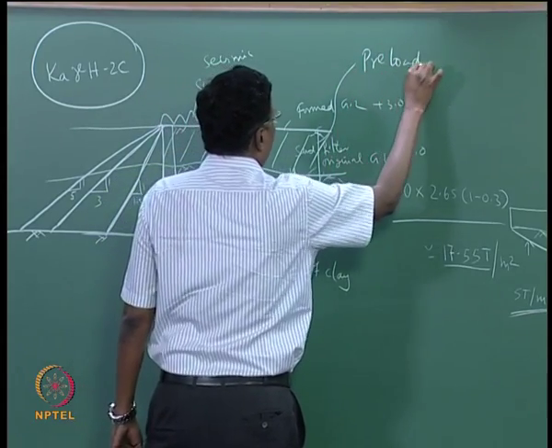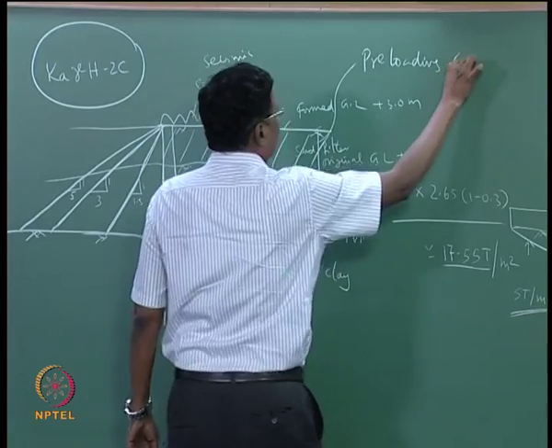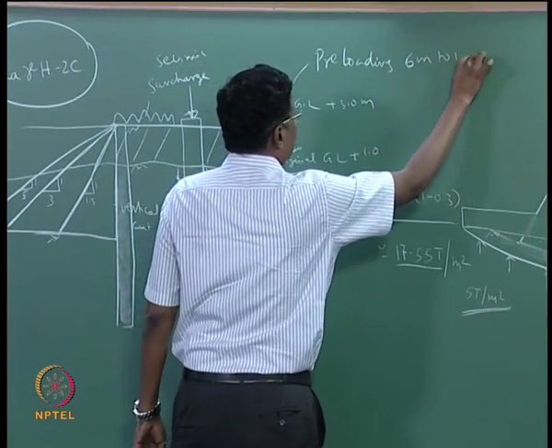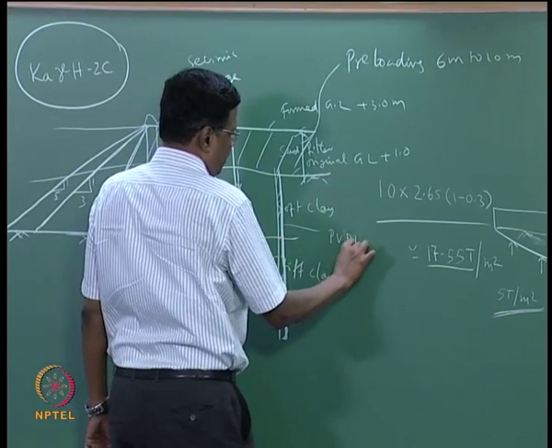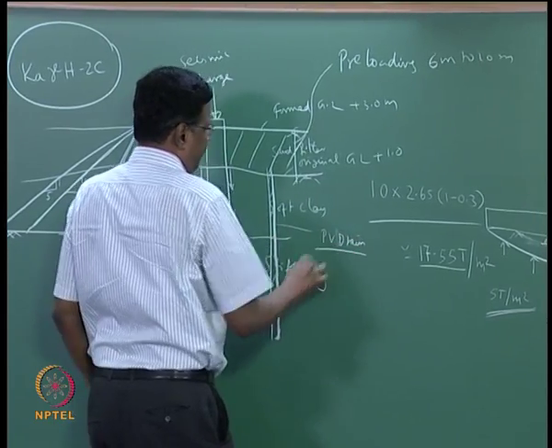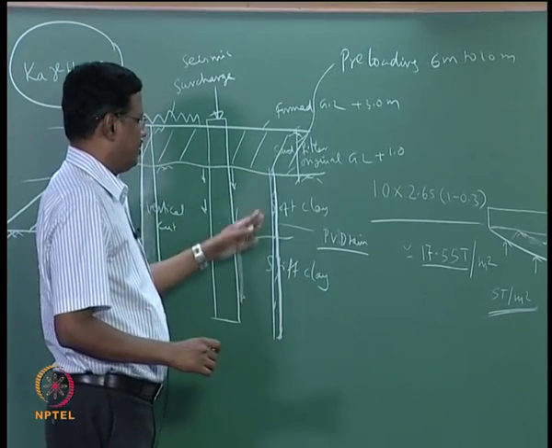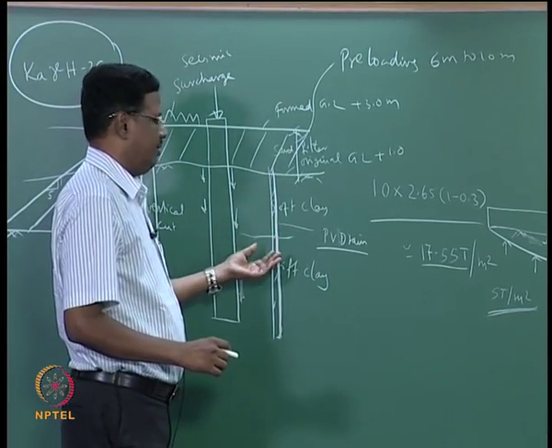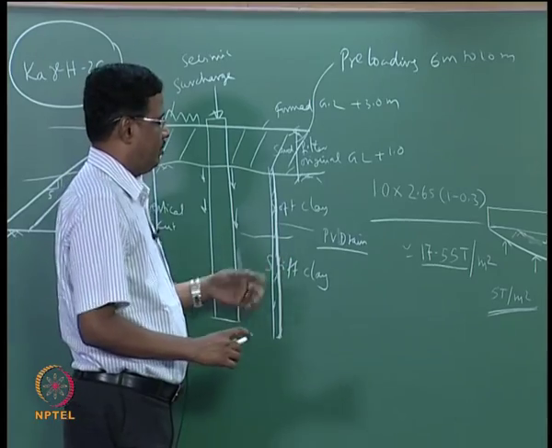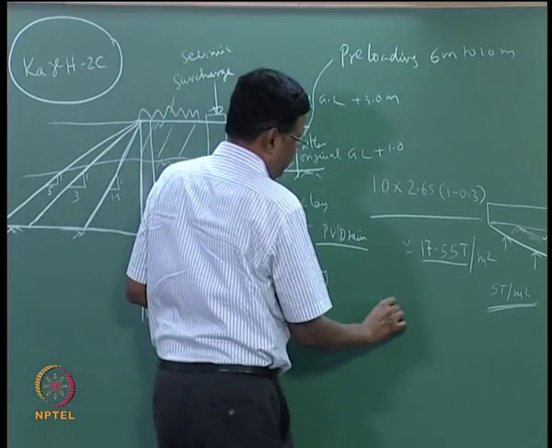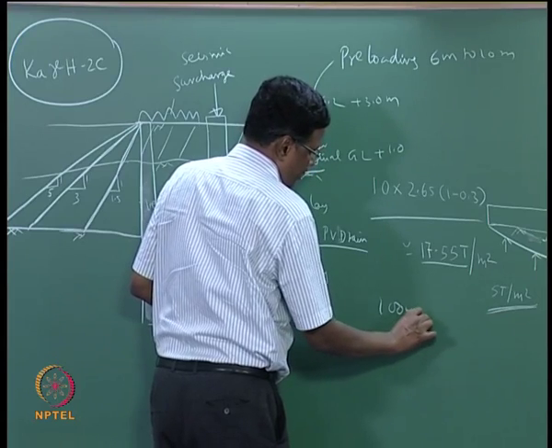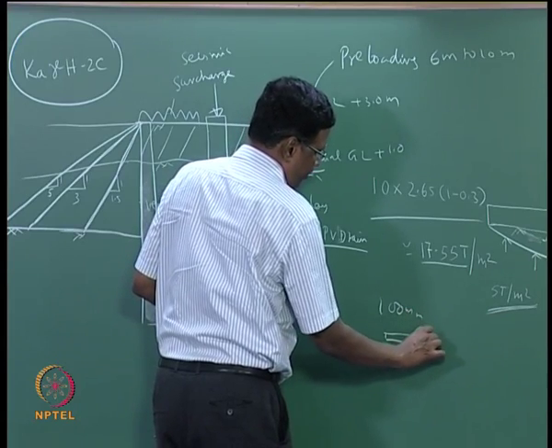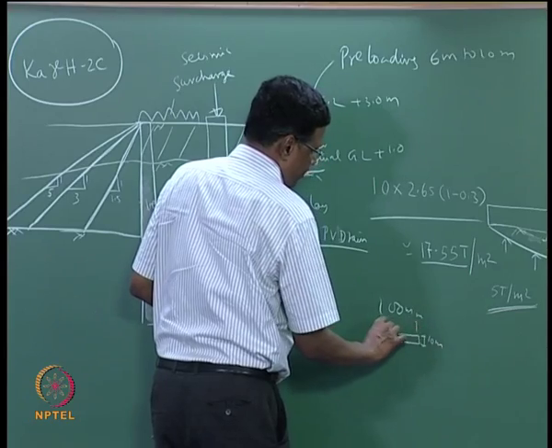It is typically done about 6 meter to 10 meter. So this PV drain is nothing but this geotextile member, it is about 100 mm in size, it will be like this rectangular size, maybe this gap may be about 10 millimeters, this will be 100 millimeters.